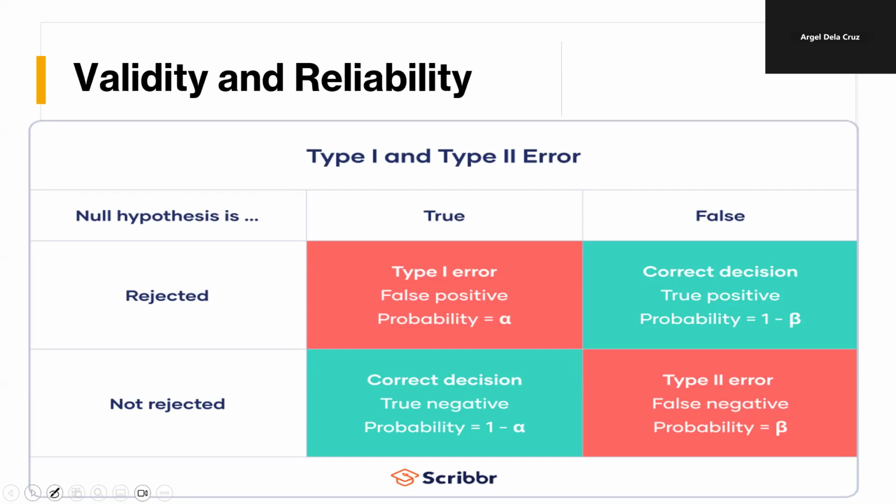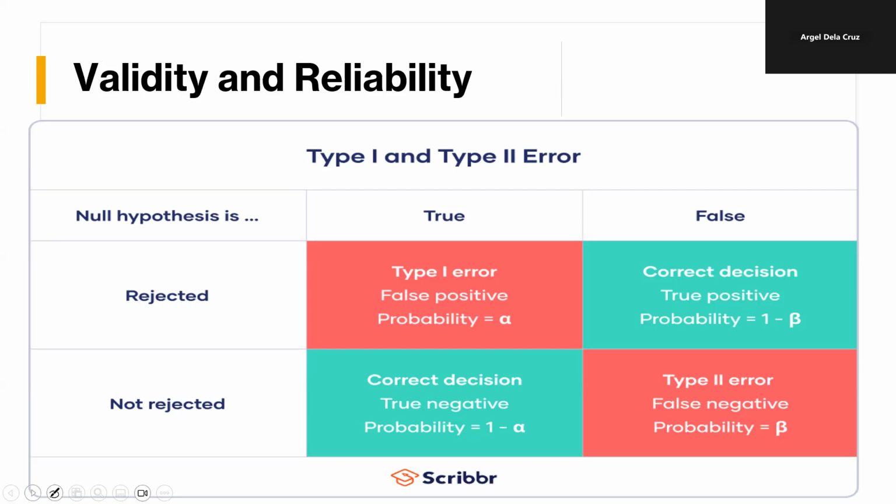Now, type 2 error is basically a false negative. What you're trying to measure is not included, but it should be included.